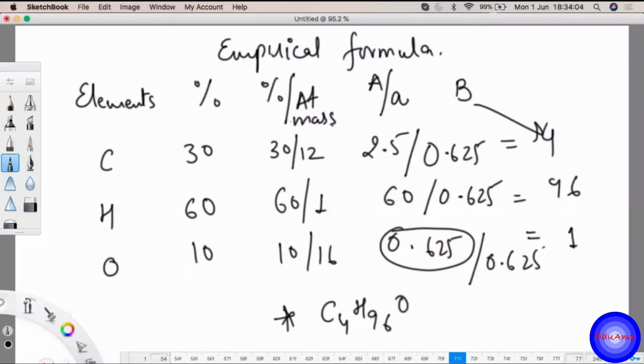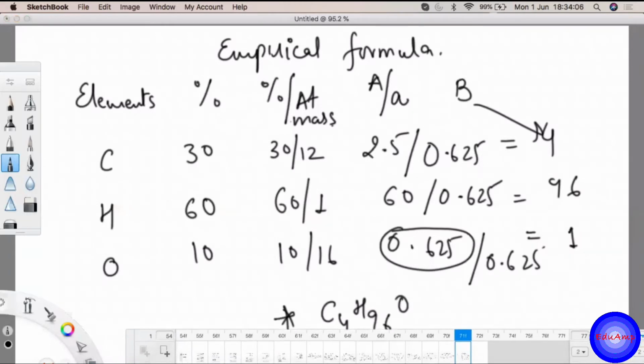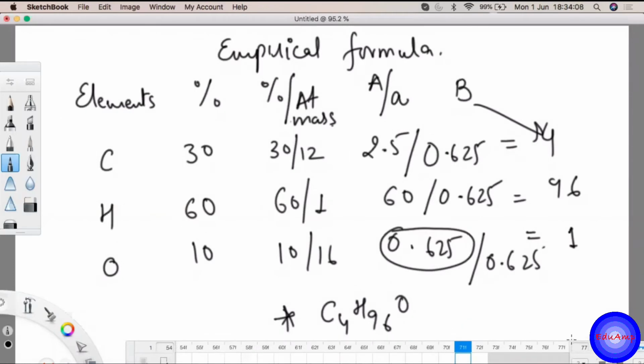We'll do an exact question for this format. I just want you to write this format, how we are going to proceed. In the first column, there are elements. In the second column, percentage. Then you divide percentage by atomic mass, that is 30 by 12, 60 by 1, 10 by 16.